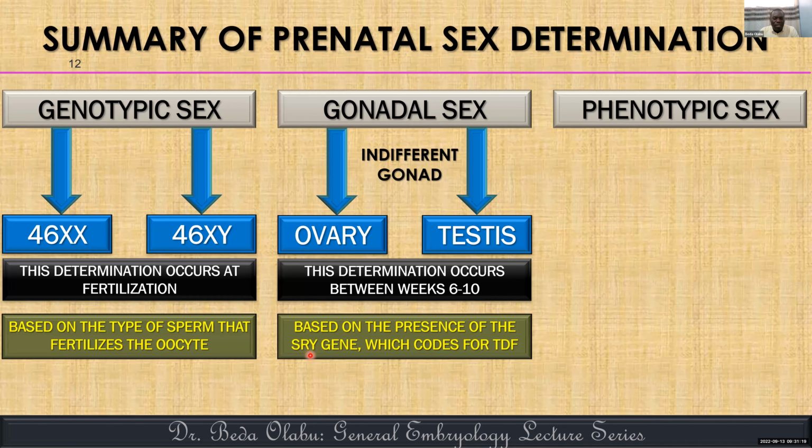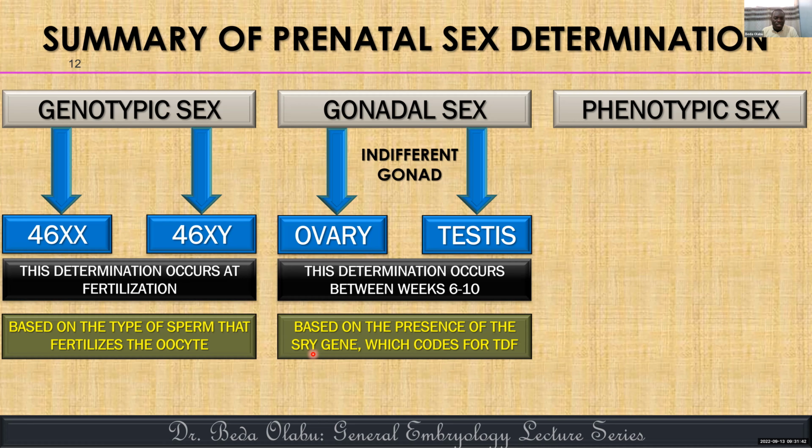SRY stands for sex determining region of the Y chromosome. And that is why last time I told you it depends on the presence of the Y chromosome, because the presence of the Y chromosome would mean the presence of the SRY gene.